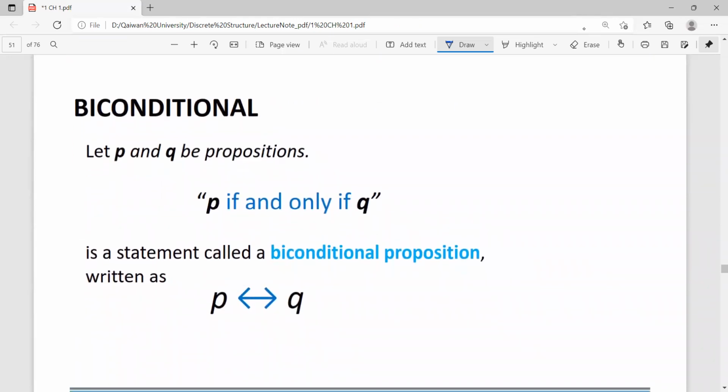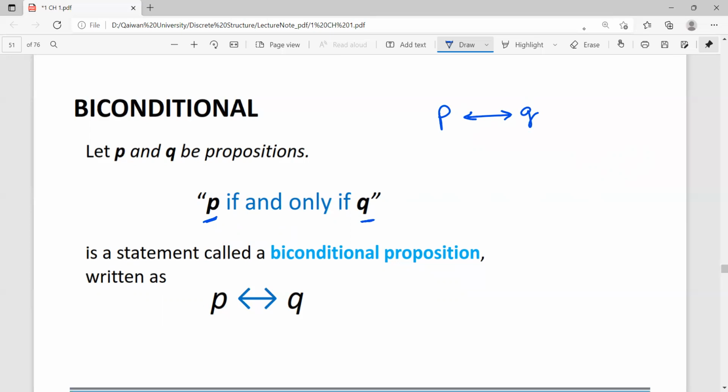Now I have biconditional statements. Proposition. We say let P and Q be propositions, then P if and only if Q. When we join two propositions by biconditional, we say P if and only if Q. We get true if both have the same situation.